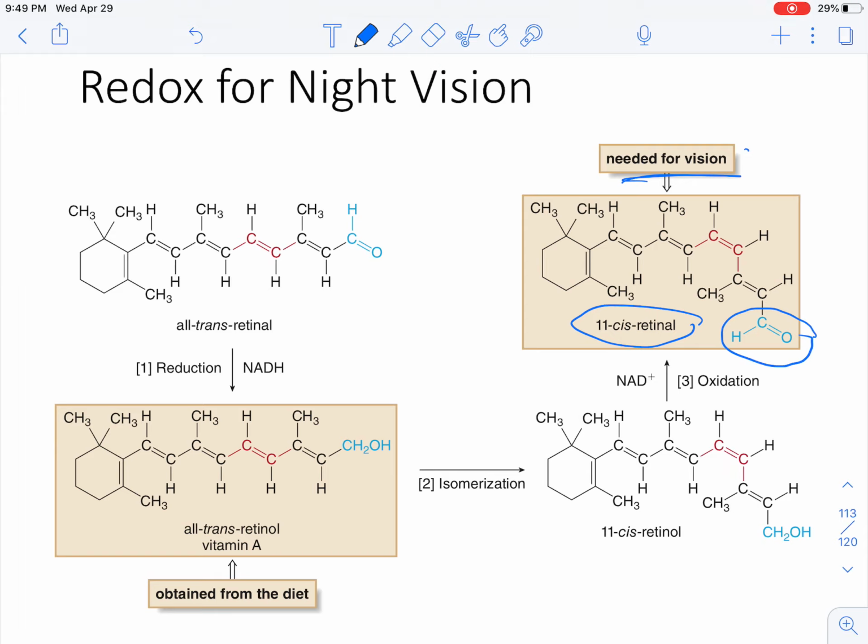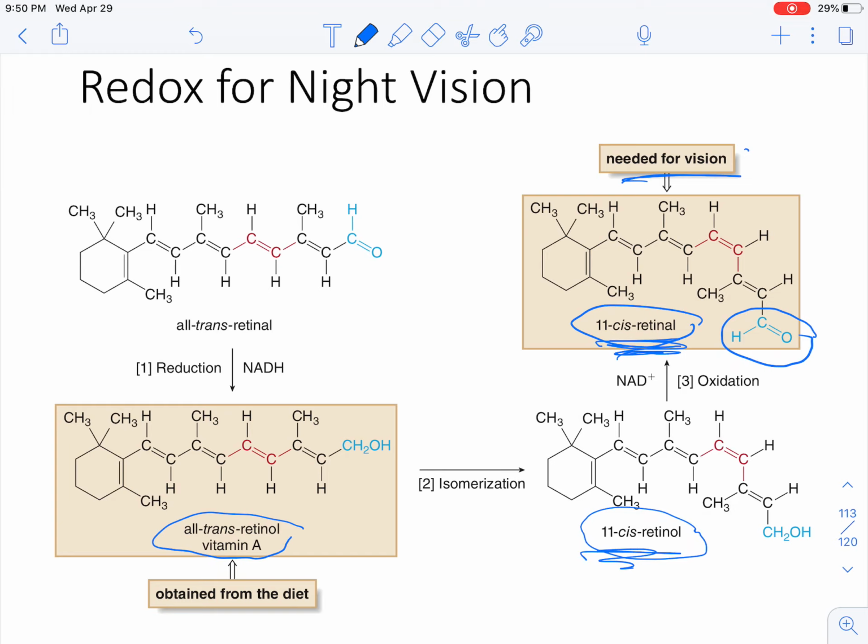So remember that aldehydes are terminal functional groups. And so you guys can imagine that, if your eyes are bombarded with light, and these light-sensitive cells, these rods, are converting your 11-cis-retinol into 11-cis-retinal so that night vision can occur, then at some point in time you guys are going to consume all of the 11-cis-retinol and conversely all of the trans-retinol.